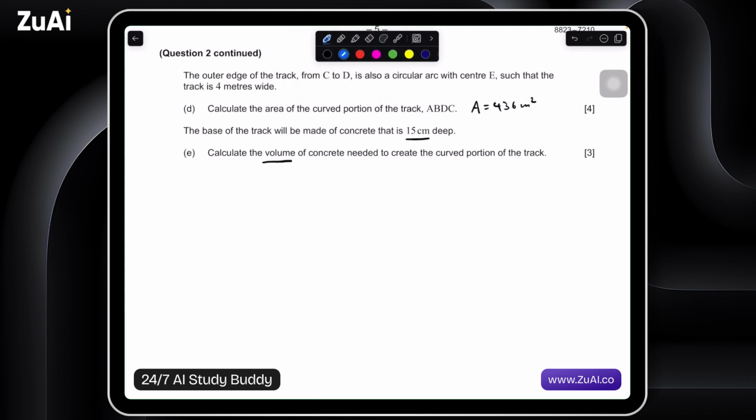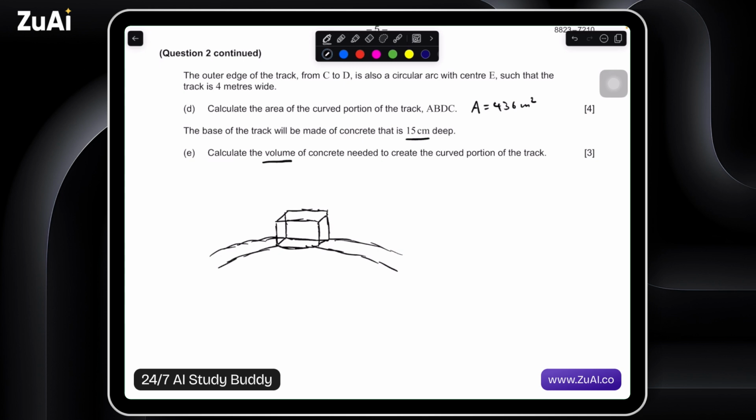Okay, so we've got this volume. Volume is, of course, just going to be our... So we've got this portion of our track, and this is part of our track right here.